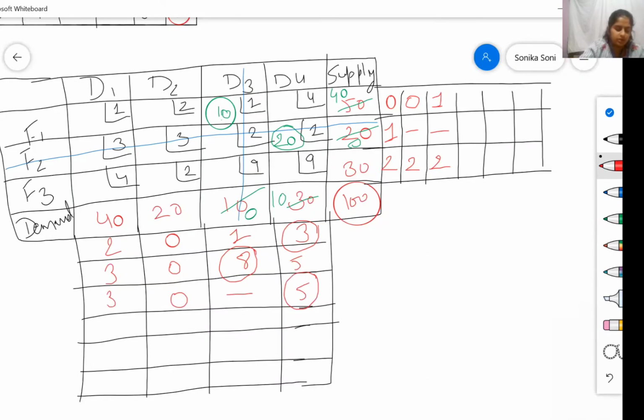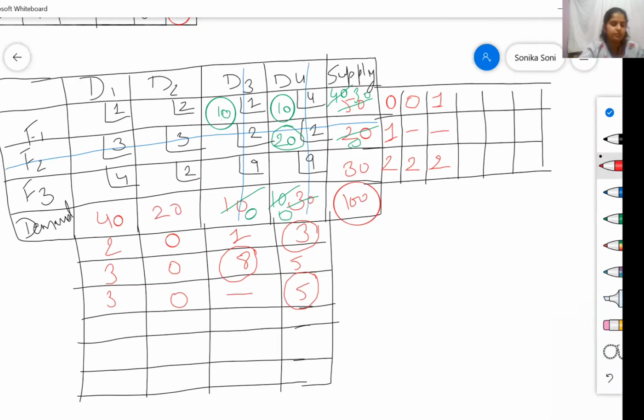So we will allocate here in F1 D4, which means we can allocate only 10 as the demand is 10 and supply we have is 40. Now it will become 30. Then as the demand becomes 0, we will cancel this column out.